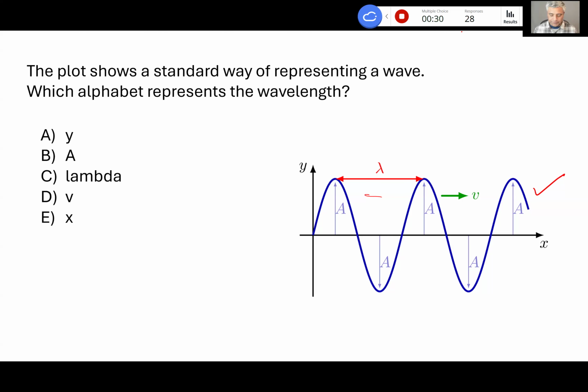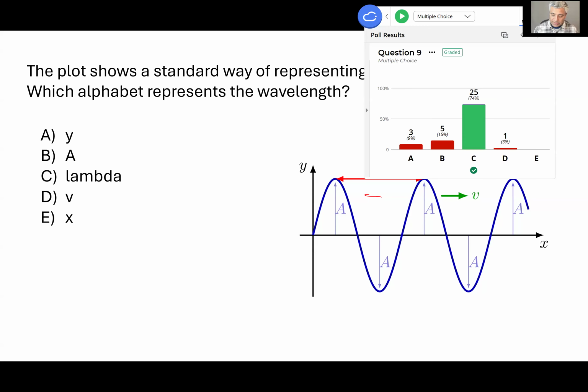Thirty more seconds. 5 more seconds. 5, 4, 3, 2, 1, and it stops. Let's see how did we do. So mostly C, that is good.